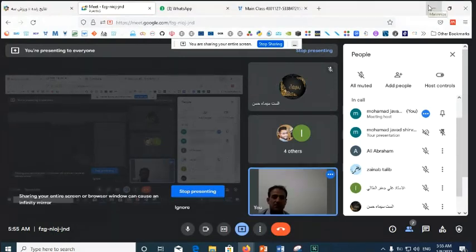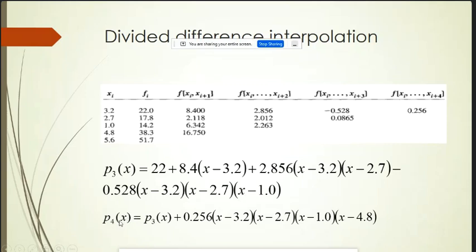Degree 4, or P4(x) equals P3(x) plus the value of divided difference, the first value of the last column of this table, multiplied by the parentheses x minus 3.2, x minus 2.7, x minus 1.0, x minus 4.8.